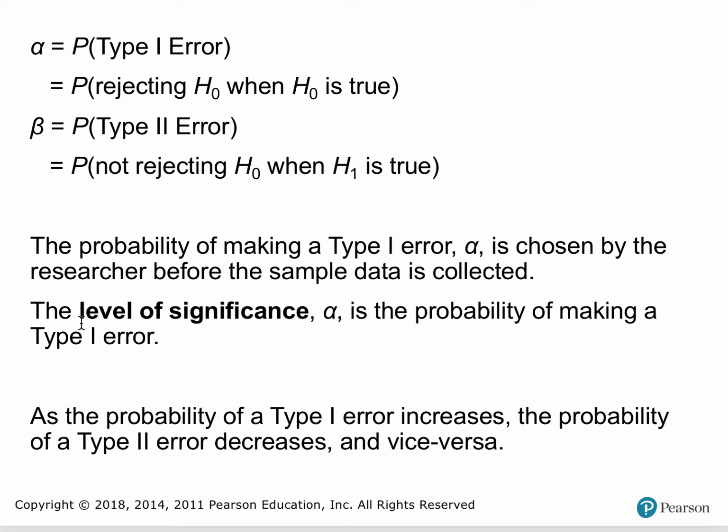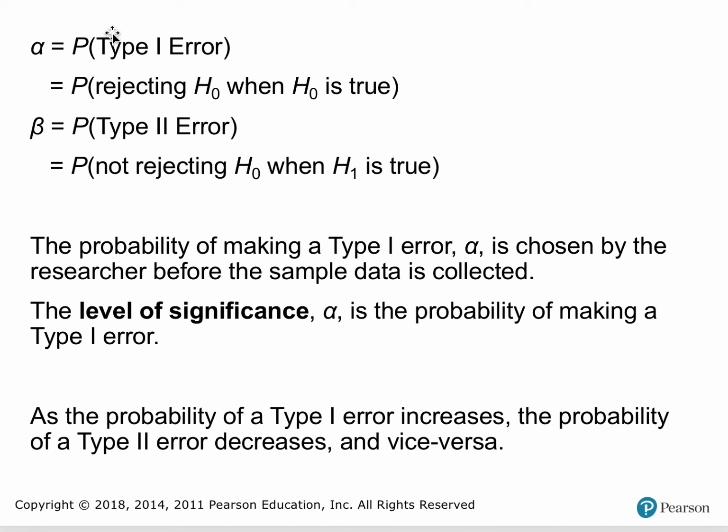Okay, the probability of making a type 1 error is chosen by the researcher before the sample is collected. The level of significance is the probability of making a type 1 error. Okay, the choice of the level of significance depends on the consequences of making that error, right? If the consequences are severe or really important, then you want to choose your level of significance to be really small. Maybe let alpha equal 0.01.